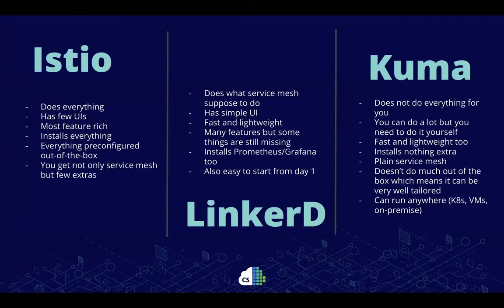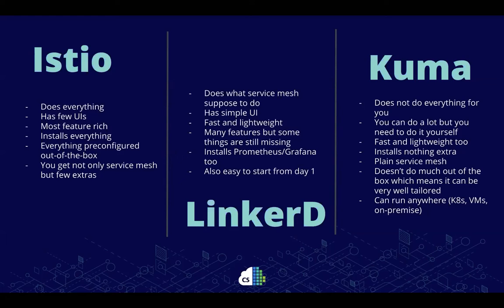Even if your application does a call to, I don't know, GitHub or some Docker registry, you won't see it in Linkerd. These kinds of missing bits are maybe not that important for some, but for some maybe important. So yeah, Istio definitely can do more, but again, maybe you don't need everything that it offers.